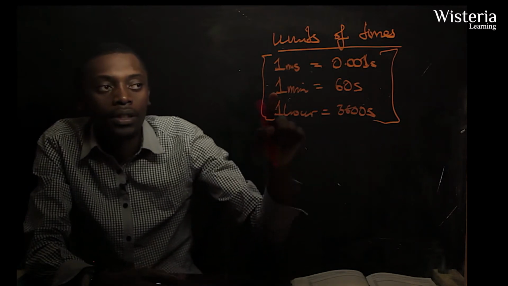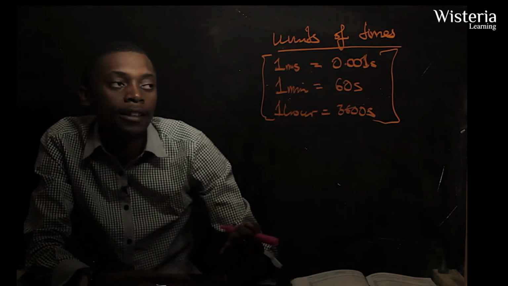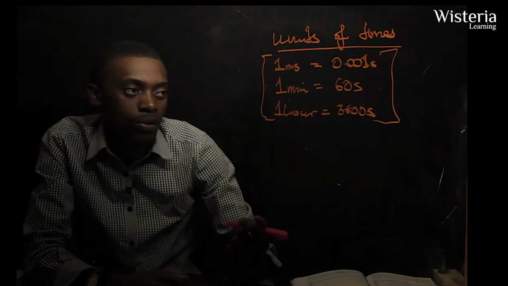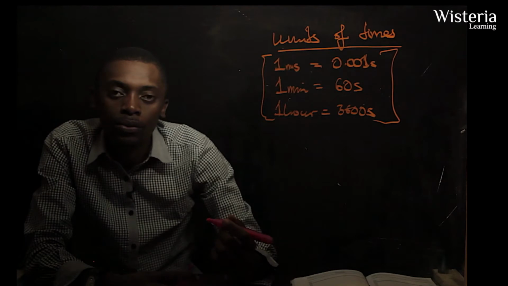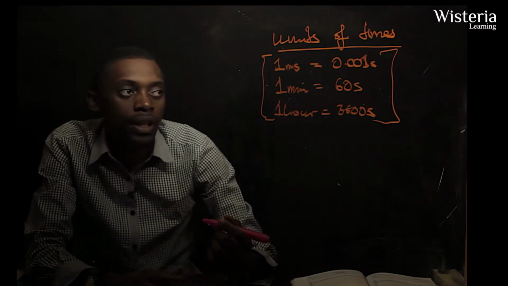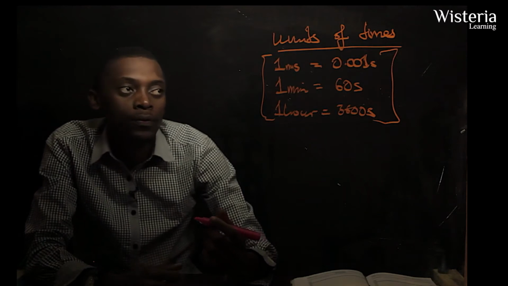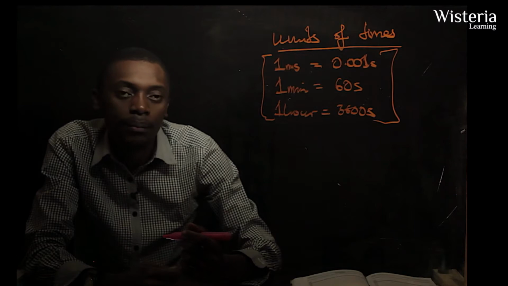In 1 minute, we have a total of 60 seconds. And in 1 hour, we have a total of 3,600 seconds. So you will need to relate the units of time and know how to convert from one unit to the other for the sake of the exam.